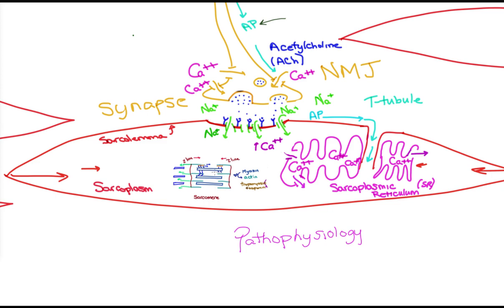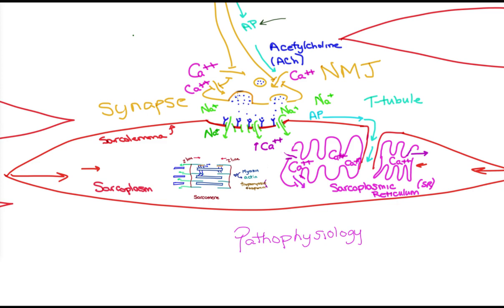Or in multiple sclerosis, the immune system actually attacks the myelin sheath that's around the neuron and causes a degradation of the signal. And so the signal never really gets to this terminal end. The signal never gets to the terminal end, we don't have an action potential to open these calcium gates, and we will not release the acetylcholine, and then the muscle cell will never even get the signal to contract.